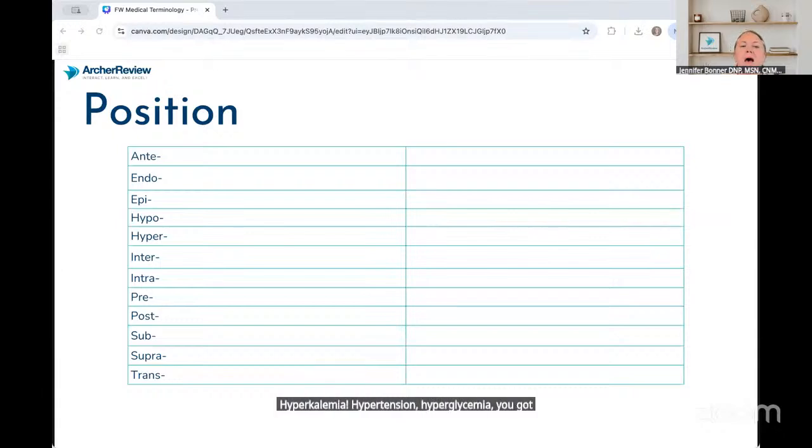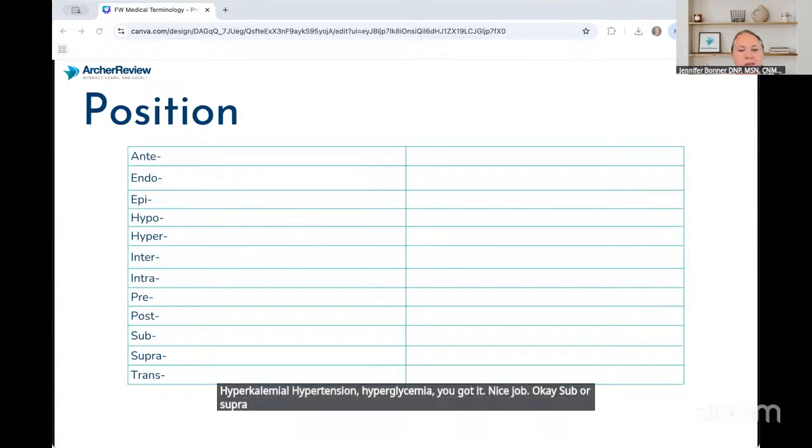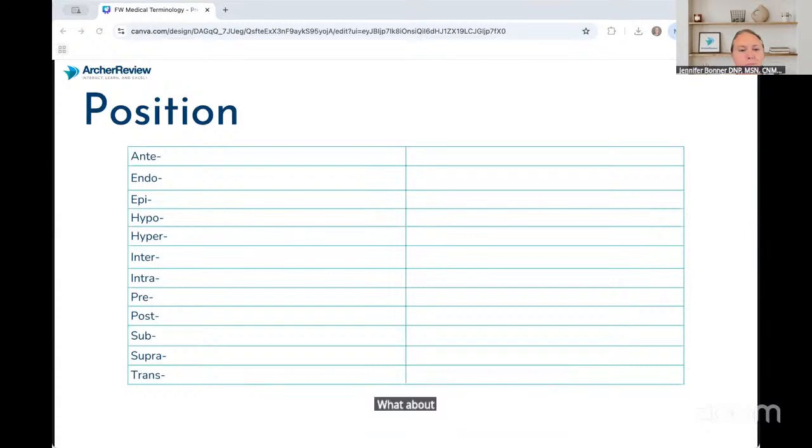Nice job. Okay, what about sub or supra? Above, below. Okay, very good. How might we see that used? Can somebody use sub in a word? Subcutaneous, nice. Substernal, absolutely.